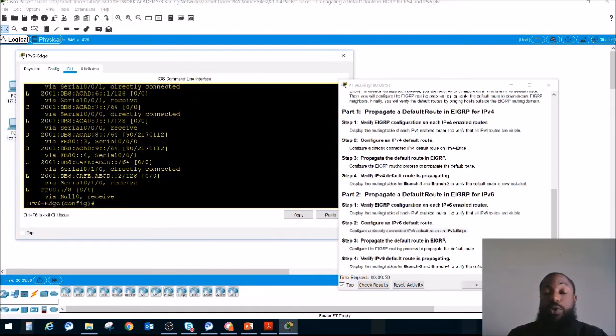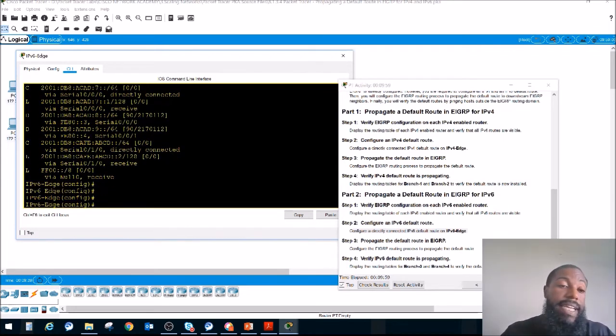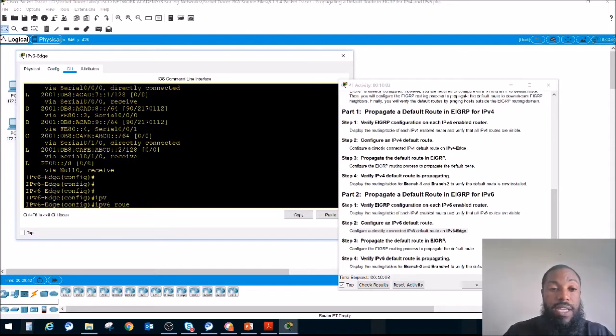So the way you do a default route is, remember, it's quad 0 in IPv4. In IPv6, it is ipv6 route. And then it's not quad 0, but colon colon, because remember, you can compress all quad zeros to colon. Then you have to do /0.